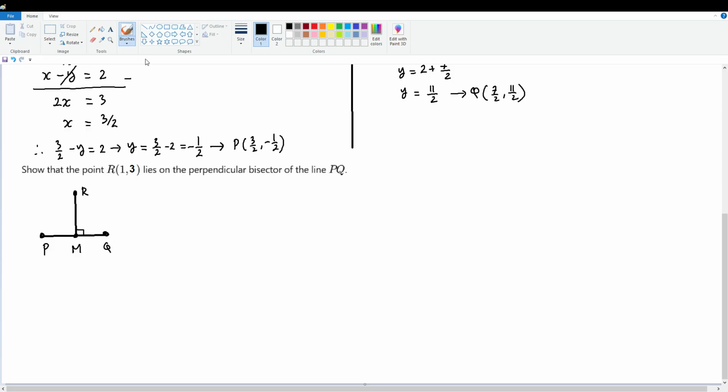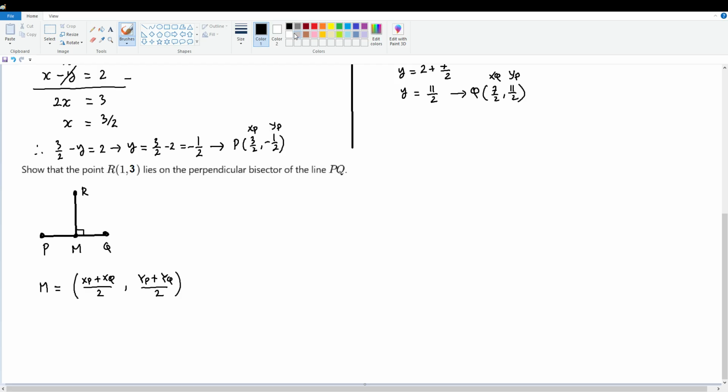Now, to do this, first we need to find the coordinates of M. The coordinates of the midpoint M are given by (xp plus xq over 2, yp plus yq over 2). This is our xp, this is our yp, this is our xq, this is our yq.